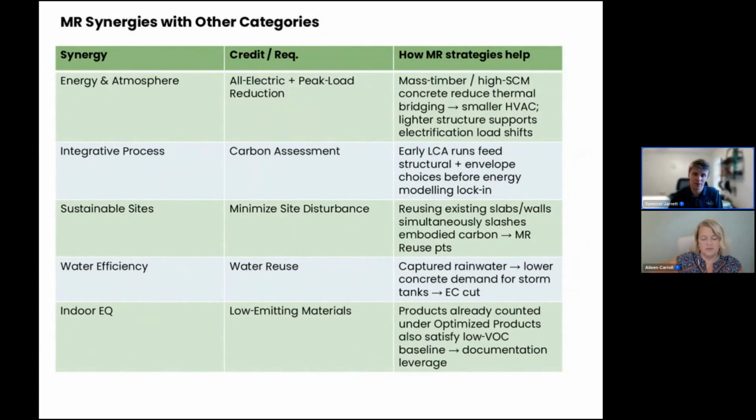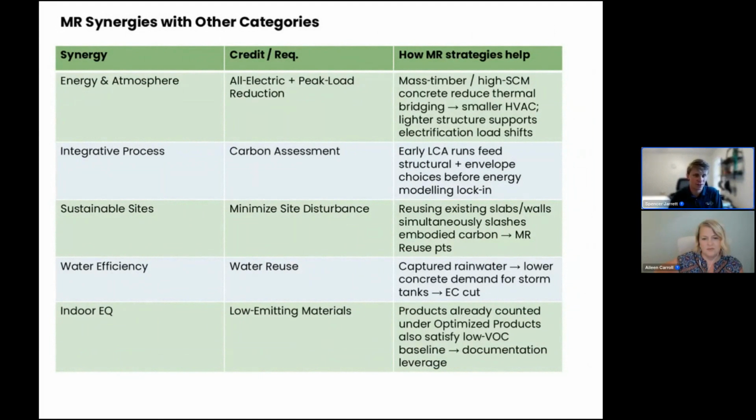So you can really work these 2 credits together in terms of the materials that you're using, the building footprint, the thermal loads from where the building is situated to reduce both the operational and embodied carbon impacts sort of at the same time, or at least work them together.